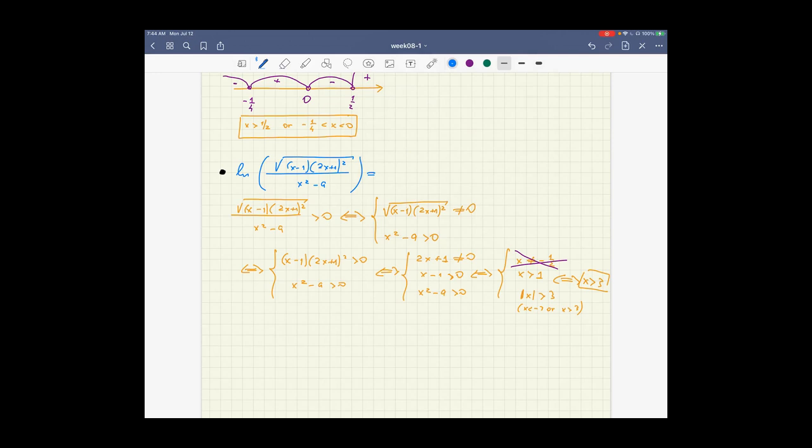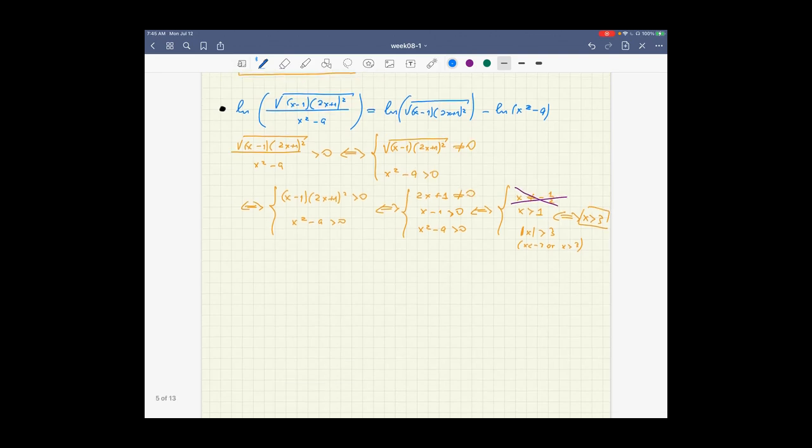rules that we've learned. Applying the quotient rule first, we get ln of square root x minus 1 times 2x plus 1 squared, minus ln of x squared minus 9. You can now separate the square root.